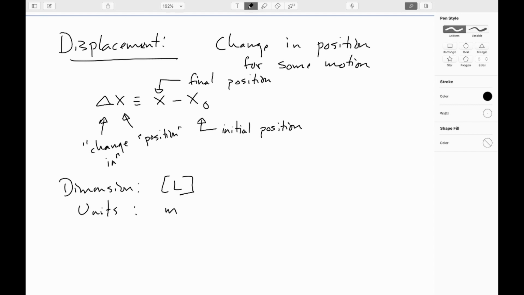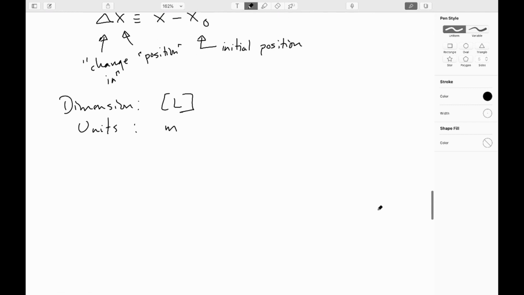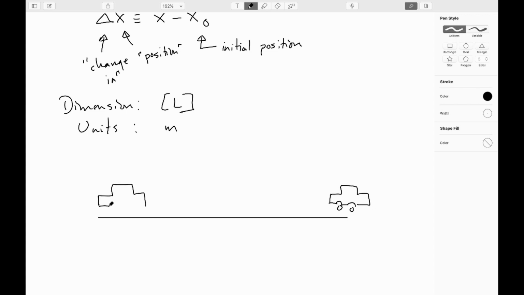So to start out here, let's think about some car driving down the road. So it starts over here. Yes, all my cars are super duper boxy. And yes, I've heard people say it looks like the top of Captain Crunch's head, so just deal with it.